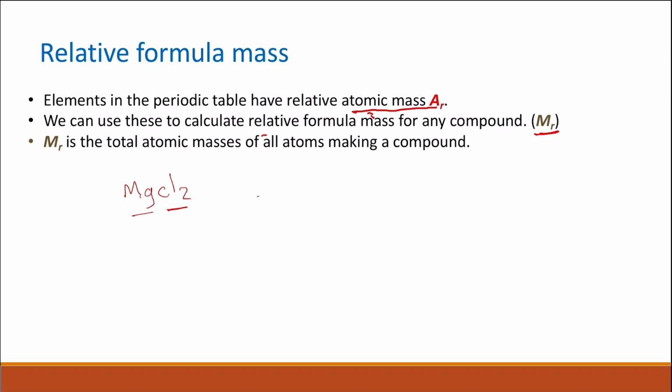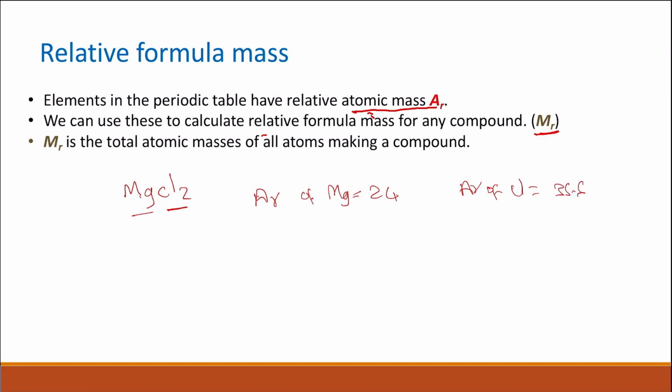The relative atomic mass of magnesium, Ar of magnesium, equals 24, and Ar of chlorine, Cl, equals 35.5.